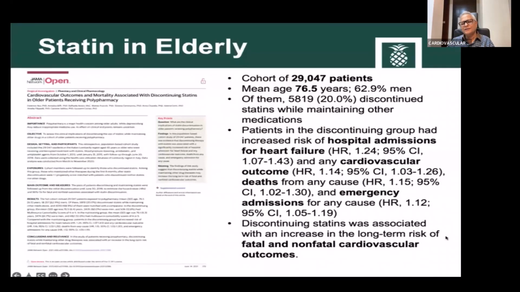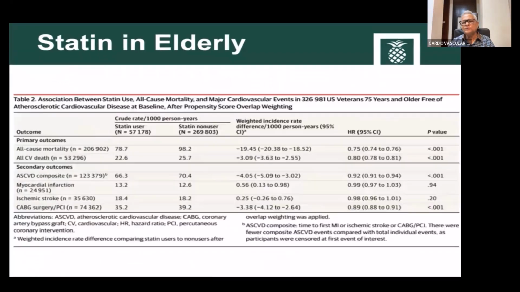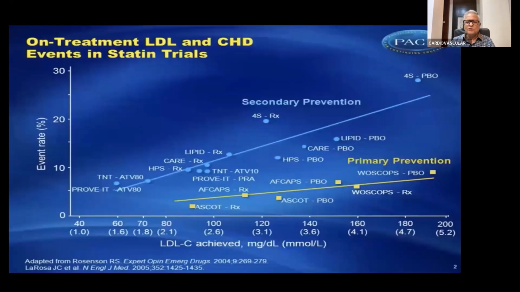Statin in the elderly. If we discontinue statin in the elderly, it increases both MACE and death. So never stop statin, and statin is clearly superior in secondary and primary outcomes, even in the elderly. So all these trials of statin have shown that in primary and secondary prevention, both, the lower the better.